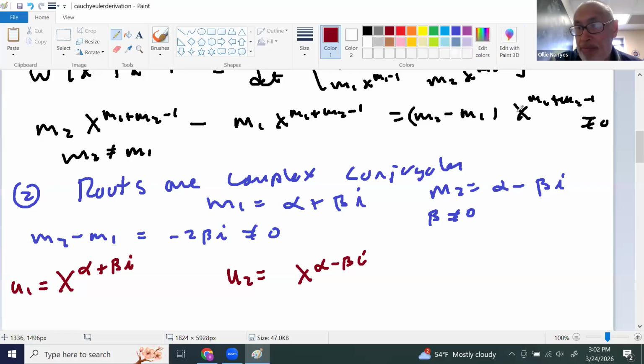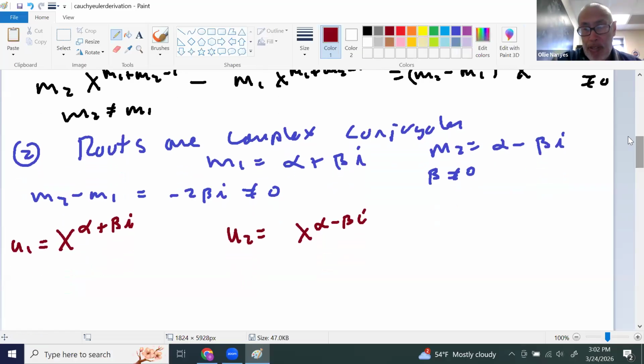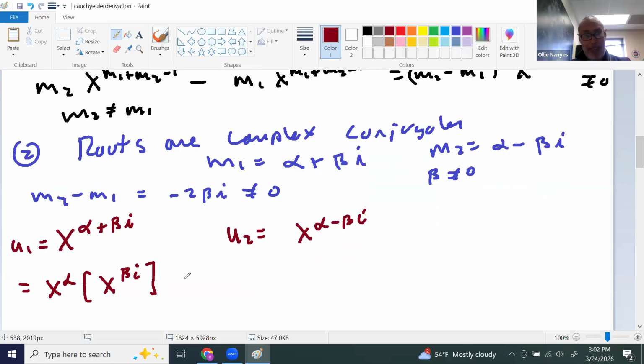Now, using Euler's formula, this is x to the alpha, and now we have to figure out what x to the beta i is. Let's work on that. Well, when you don't know what to do here, you do the e. Now, I'm going to use log in place of natural log because technically this is a complex number.